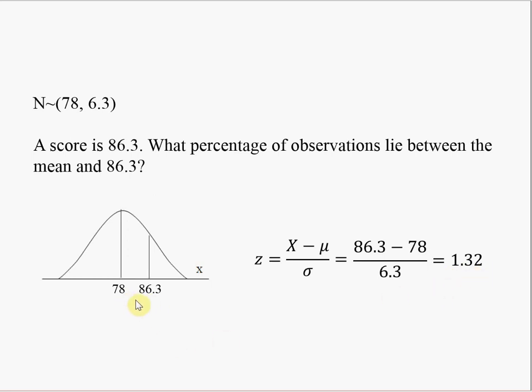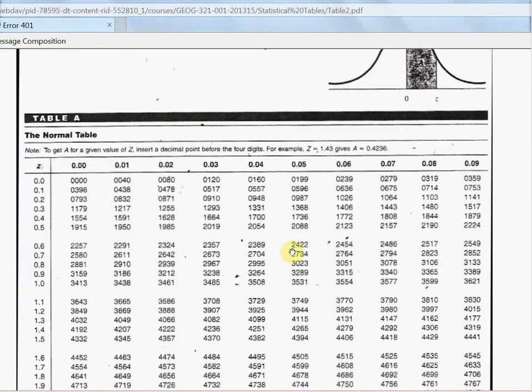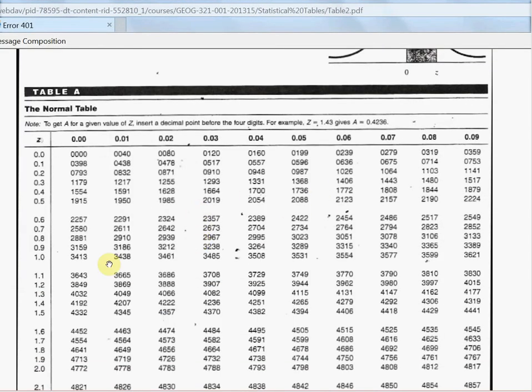Okay, 1.32 standard deviations above the mean, that corresponds to what percentage? What is this percentage here? Let's go to the normal table. 1.32... 40.66%.